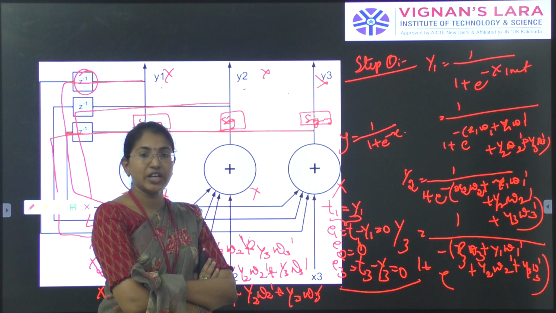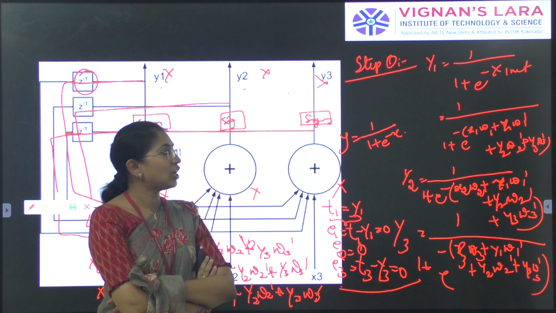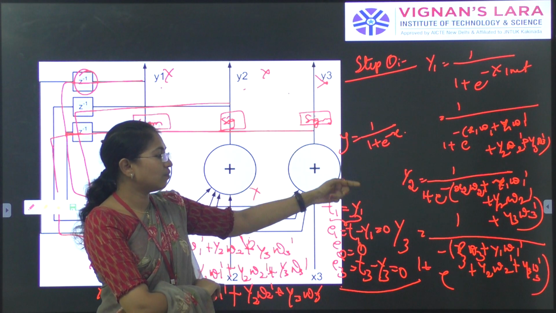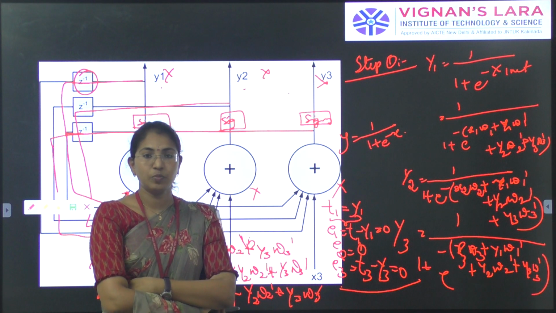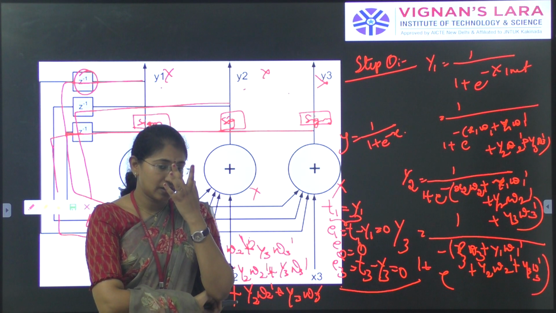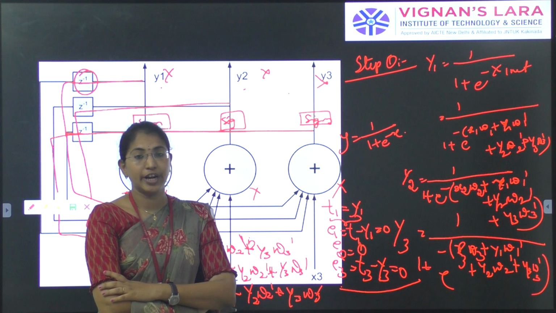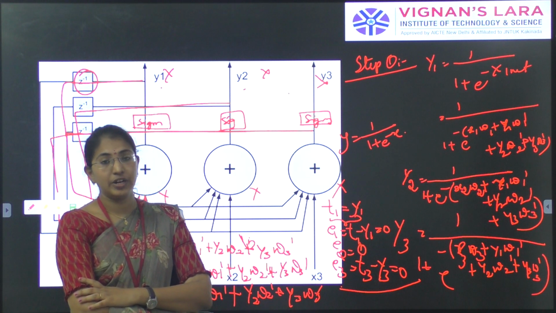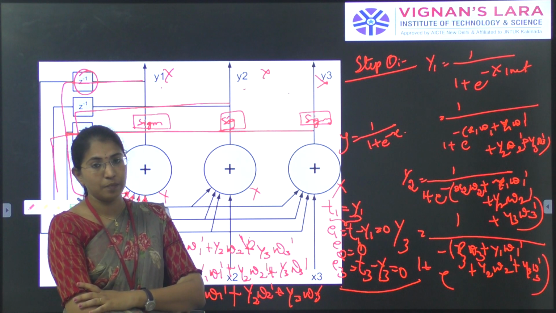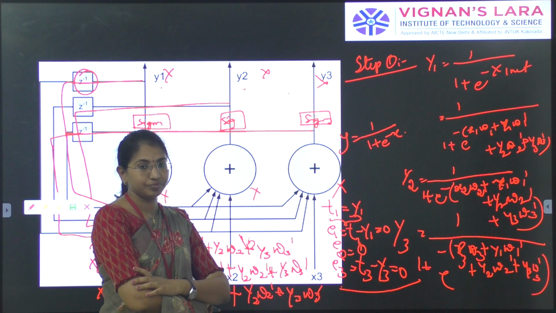If the condition is not satisfied, again you need to perform the operation: Y1, Y2, Y3 are fed as input to the first input, second input and third input. Again you need to calculate x1 net, x2 net, x3 net with updated y1, y2, y3 and then calculate y1 updated, y2 updated, y3 updated. In this way you will perform the operation.